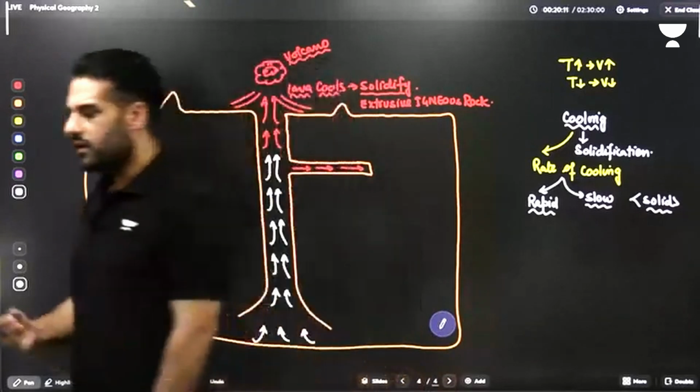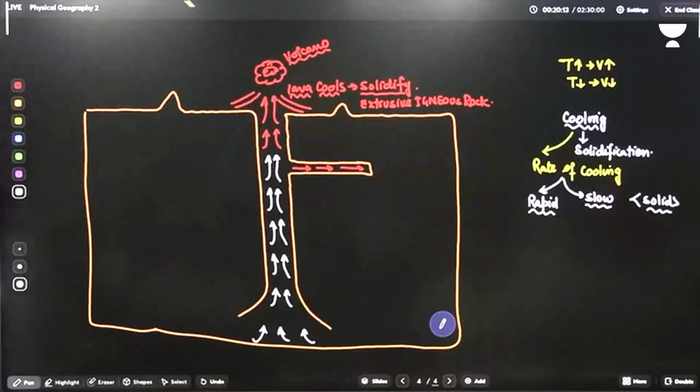Now tell me one thing, if the rate of cooling is very rapid, there will still be a solid matter formed. If the rate of cooling is slow, there will still be a solid material formed.